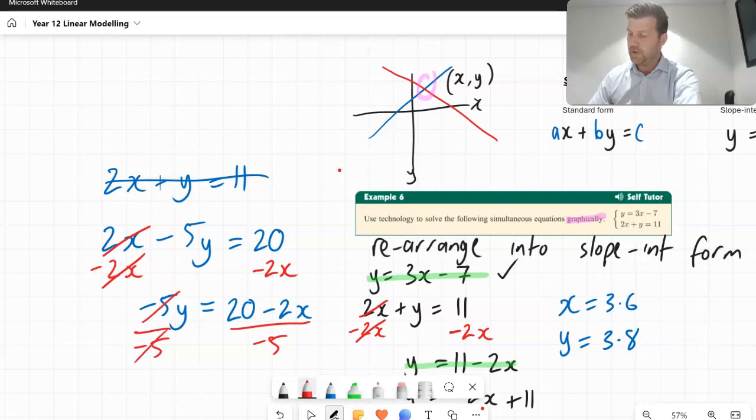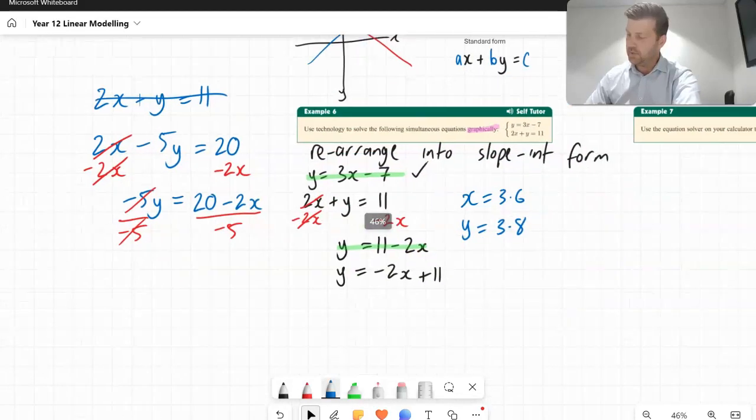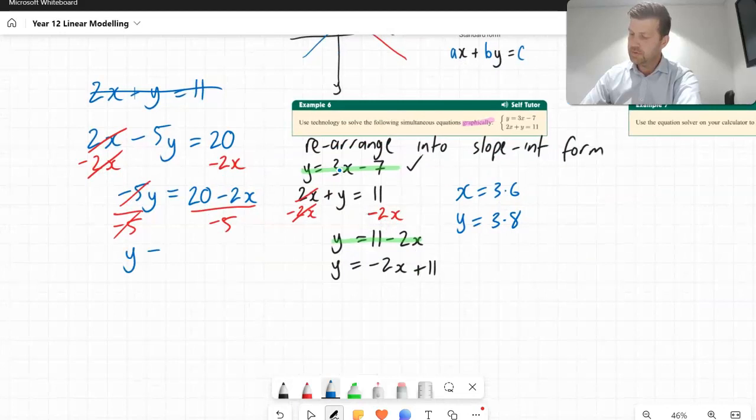I'm then left with y equals 20 take 2x divided by minus 5.